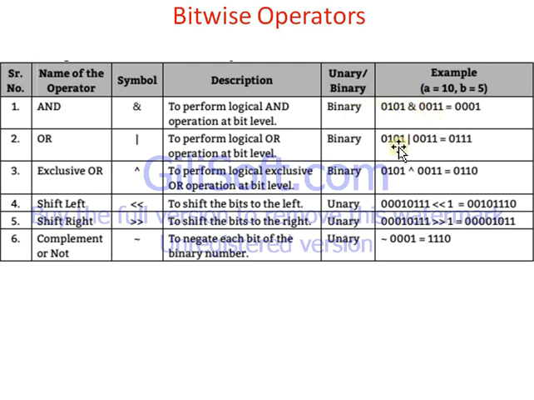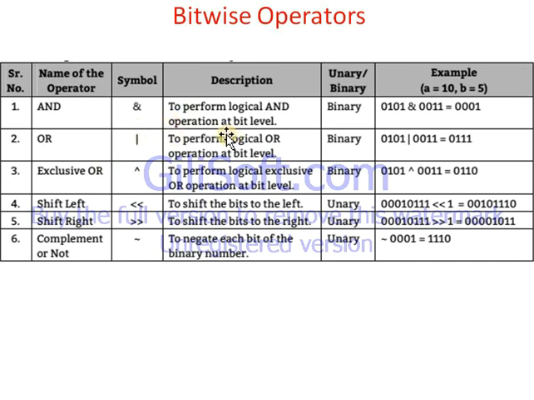Means bitwise operators are used for manipulating the integers at bit level. These are all the bitwise operators: AND, OR, exclusive OR (XOR), shift left, shift right and complement or NOT.